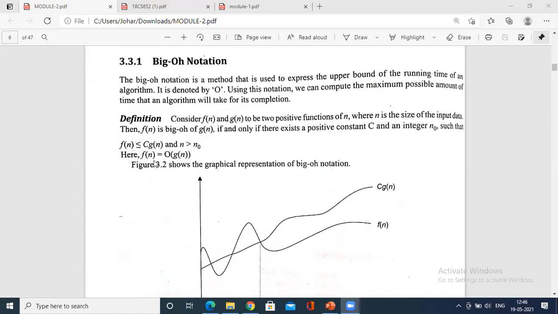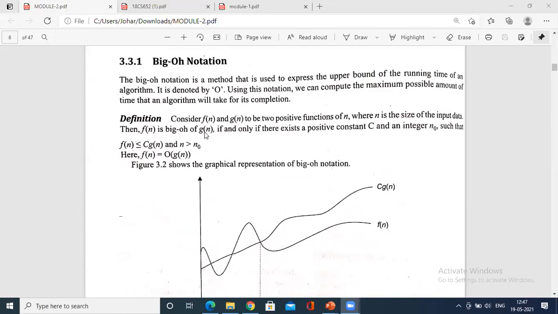So how do you write? f of n is equal to big O of g of n in such a way that always c of g of n is greater than f of n.